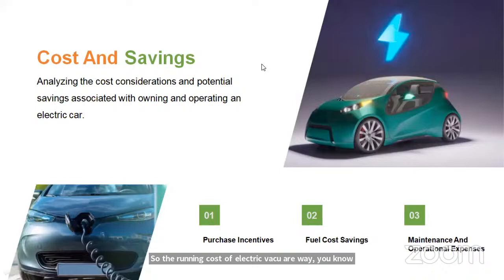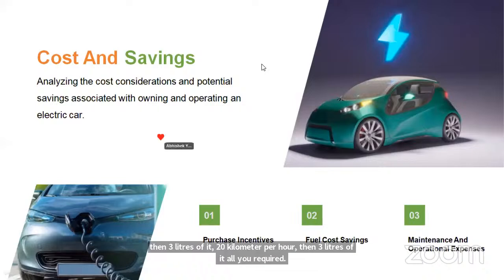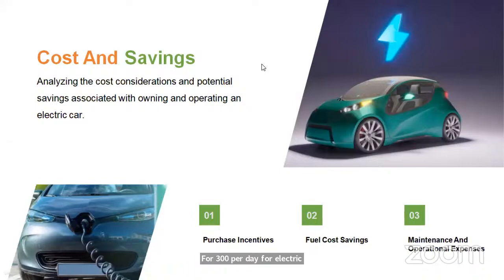For example, suppose you are commuting 60 kilometers per day, and if your vehicle is giving a mileage of 20 kilometers per liter, then you require 3 liters of petrol, that means 300 rupees per day, right? For electric vehicle, it will hardly require 15 to 20 rupees. So this much running cost difference is there.